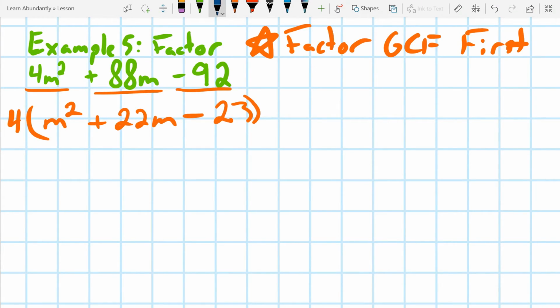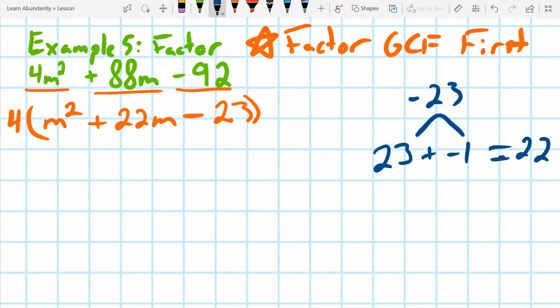So when we work it out from here, we can look for two numbers that multiply to negative 23 and add to 22. So it looks like it's probably going to be 23 and 1, but it's going to be negative 1 because they need to add to positive 22.